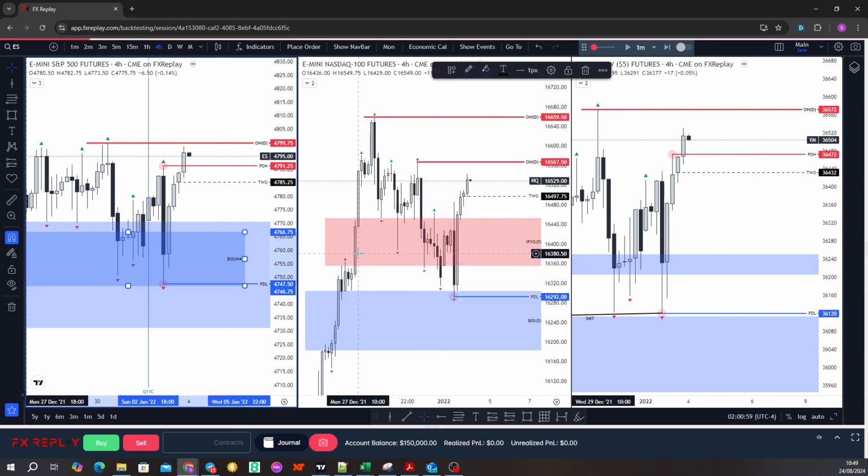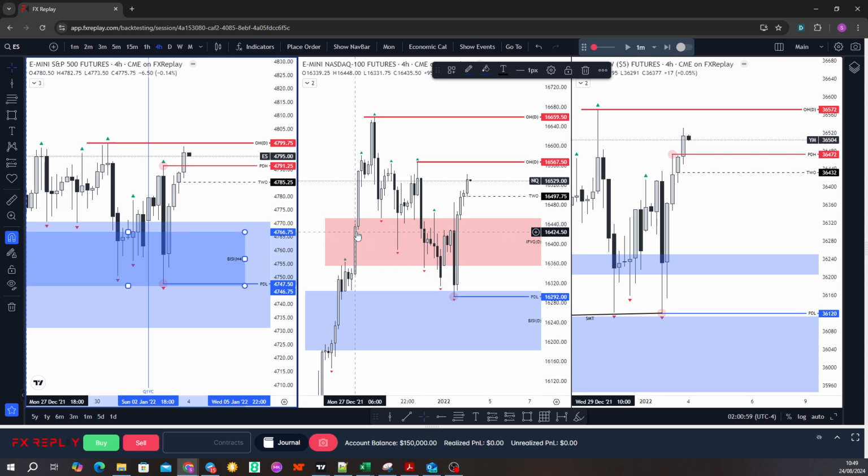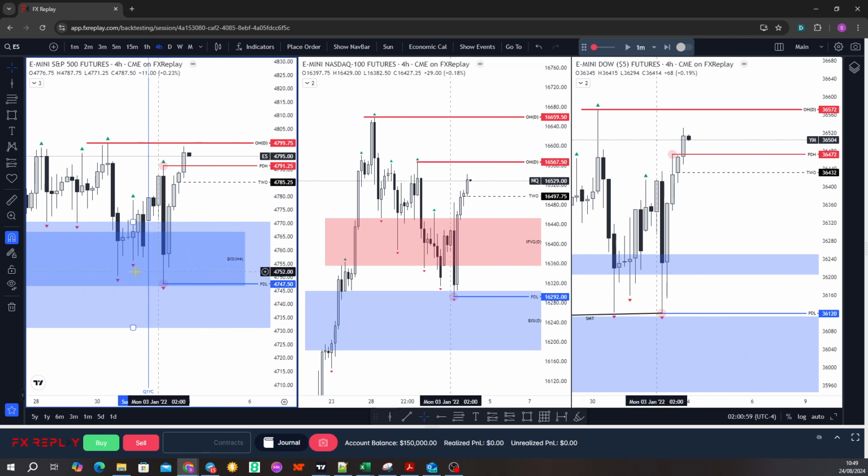By the way, this backtesting is year 2022, and we're using FX Replay as the backtesting software. Okay, so as detailed, we see the H4.